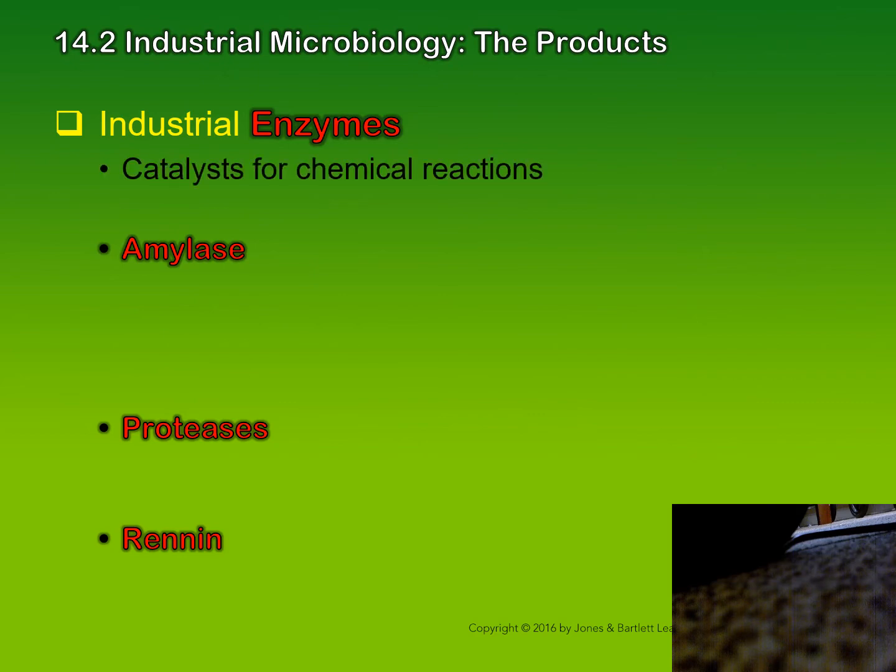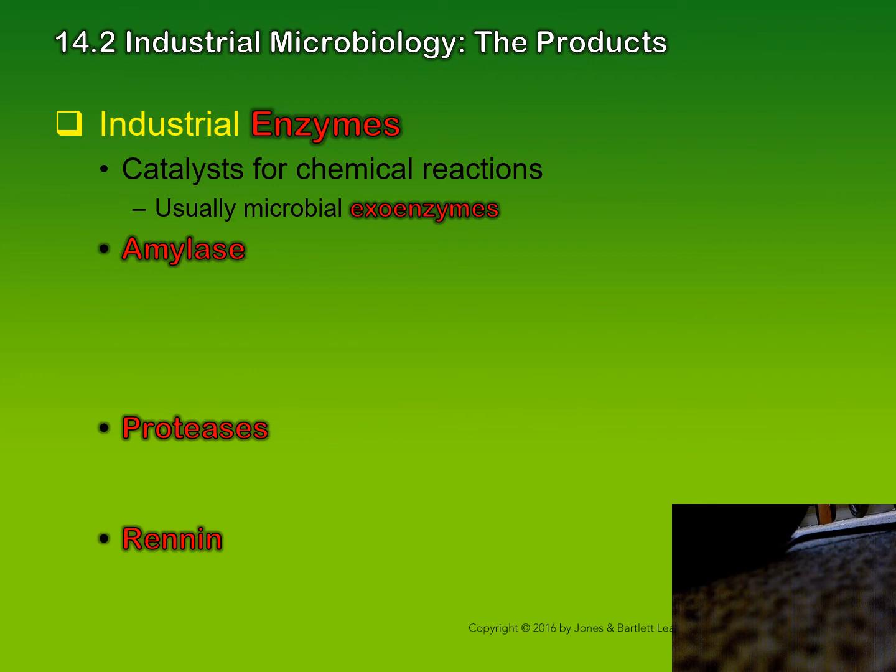Just as a refresher, remember an enzyme is anything that's going to catalyze a chemical reaction. In microbes, we can have things called exoenzymes, which means they're enzymes that are exported from the cell.